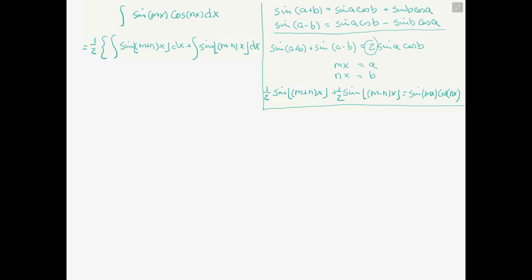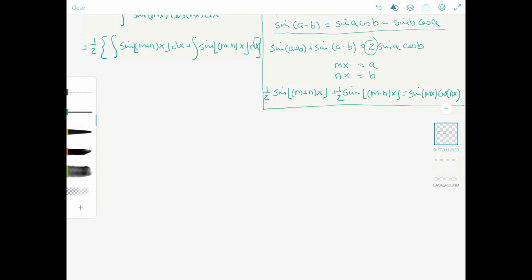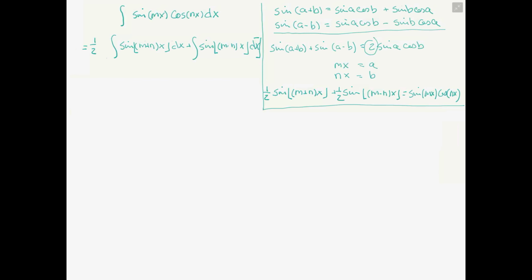And let's keep all of this business separate from our integral. We have a great big bracket here because of the half. Let's keep things consistent and use the same kind of bracket.